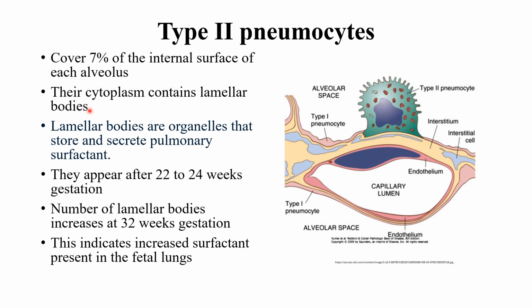They are big cells whose cytoplasm contains the lamellar bodies we mentioned earlier. These are organelles that store and secrete surfactant. They appear around 22 to 24 weeks of gestation, and increase at around 32 weeks. When you start seeing the type 2 pneumocytes in the fetal lungs, they indicate that these lungs are starting to mature.